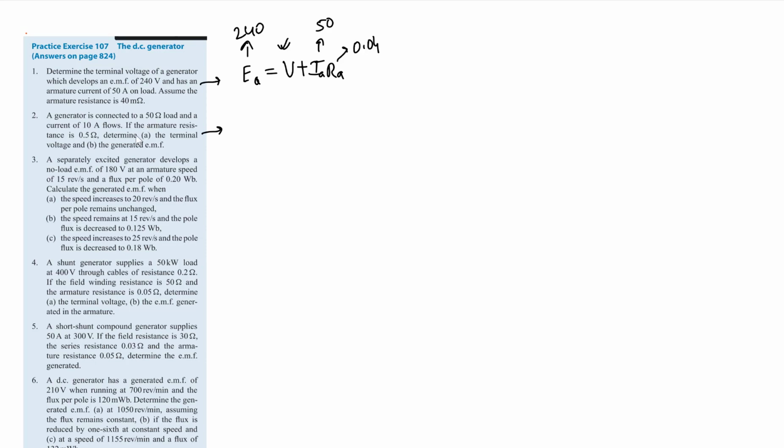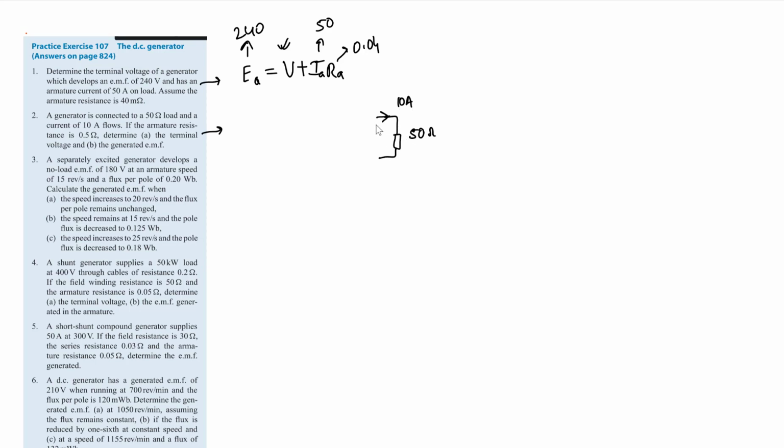A generator is connected to a 50 ohm load and a current of 10 ampere flows. This load resistance is 50 ohm, and a current of 10 ampere is flowing through it.